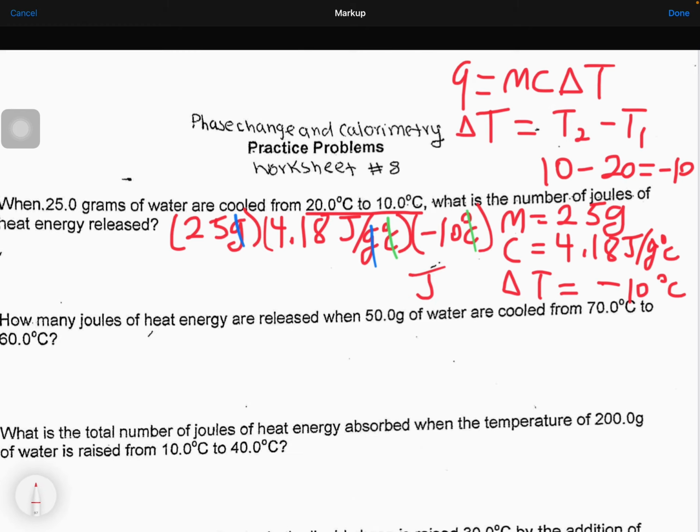Now if we multiply these values real quick, 25 times 4.18 times negative 10, that comes out to negative 1,045 joules. And that's your answer.